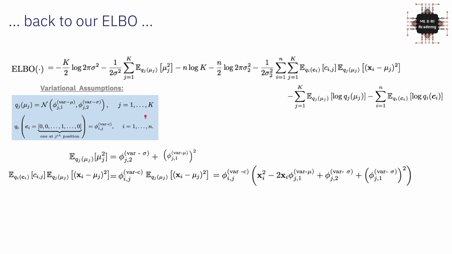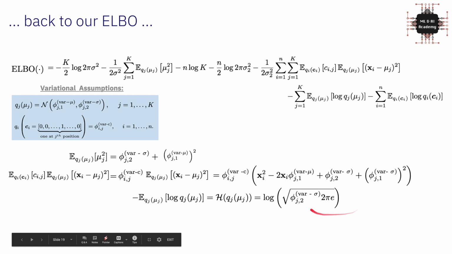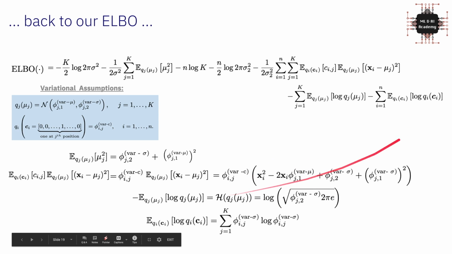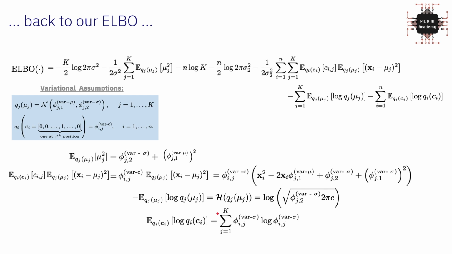All we're trying to do is plug our assumptions into this equation. Similarly, we can do this for the entropy term, which is the entropy of the Gaussian. And similarly for the last term, which is from this equation here. To get this term, we use Bishop's definition of a multinomial distribution, which is nothing but the mean to the power of the value of the data point, with a product over that.